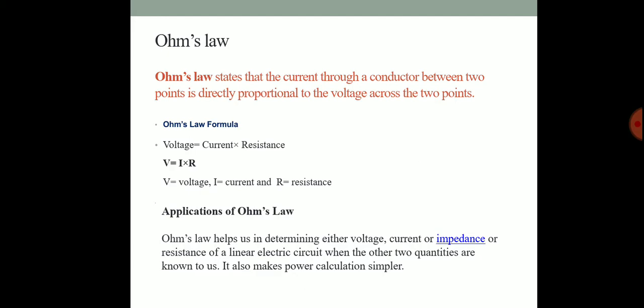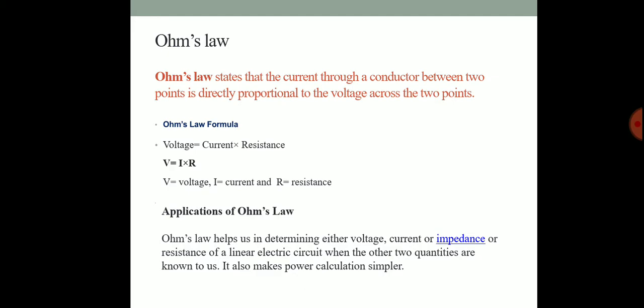The statement is that the current through a conductor between 2 points is directly proportional to the voltage across the 2 points. That is, the current flowing through the electrical circuit is directly proportional to the potential difference across the circuit and inversely proportional to the resistance of the circuit.